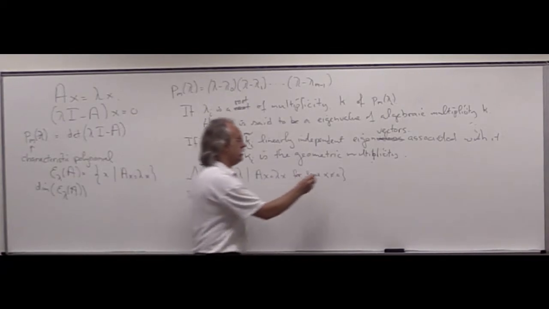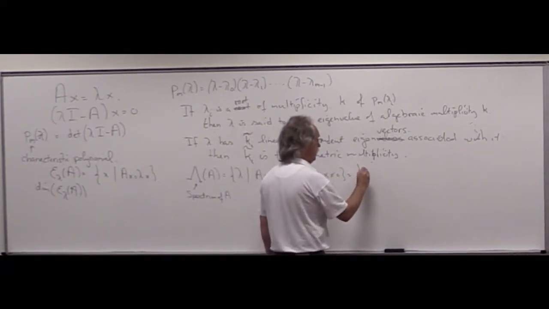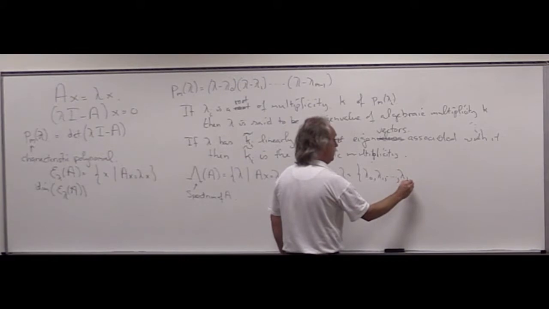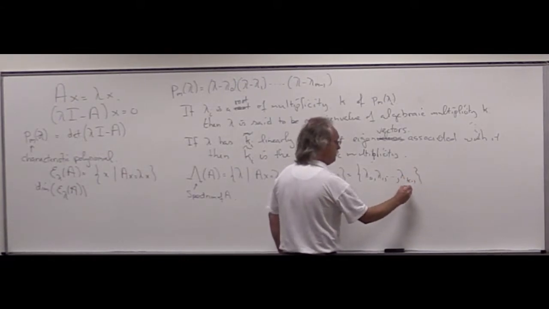So we can write this as lambda 0, lambda 1 through lambda k minus 1, where this is the multiplicity.